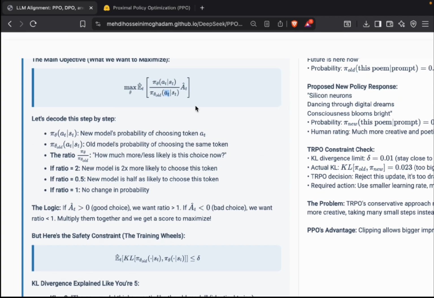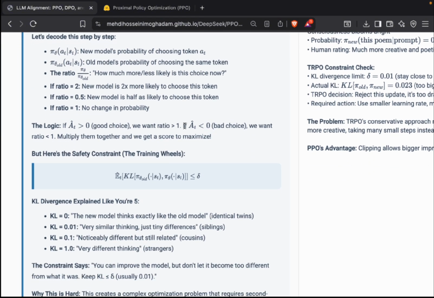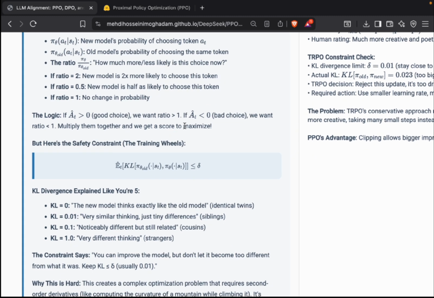Once we have all of this, remember what the problem was: the catastrophic problem. We don't want to do a huge steering correction, or a complete sudden shift. So how can we do that?